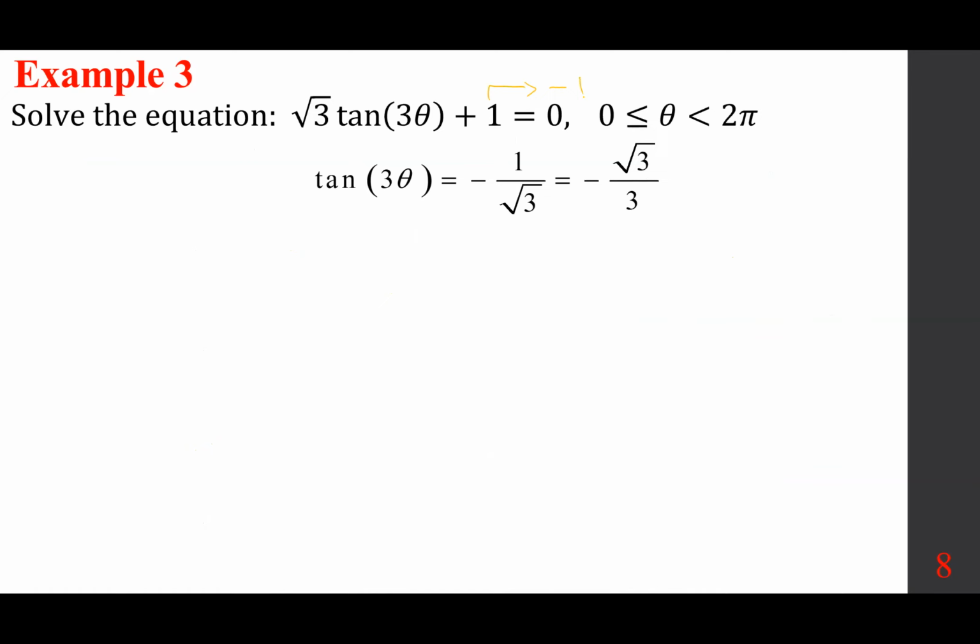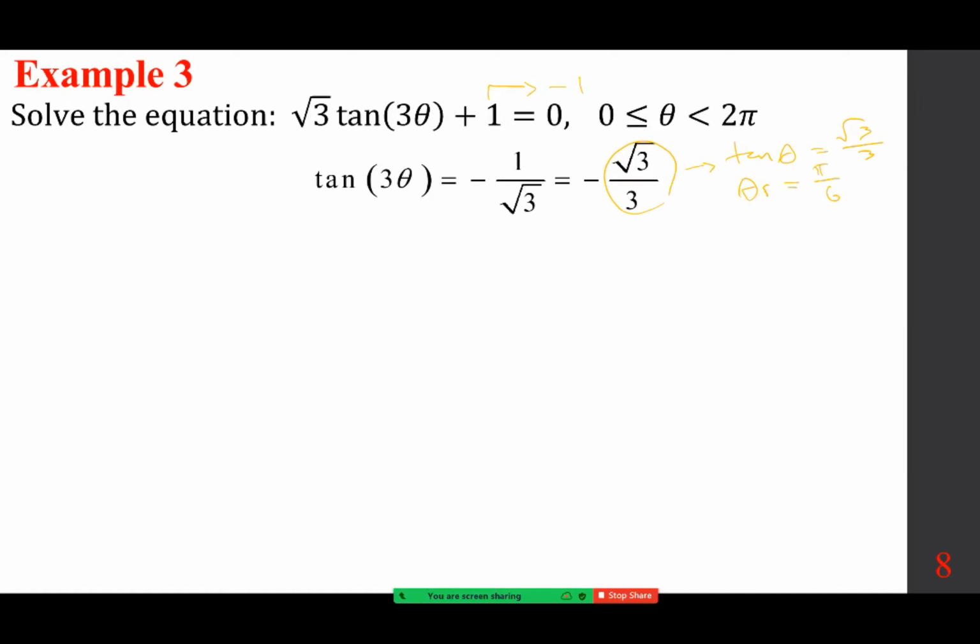To understand how this works, first and foremost, we are going to remember the reference arc, and for reference arc, you look at the positive one, square root of 3 over 3. So if you look at this one only, that gives you the reference arc, pi over 6.